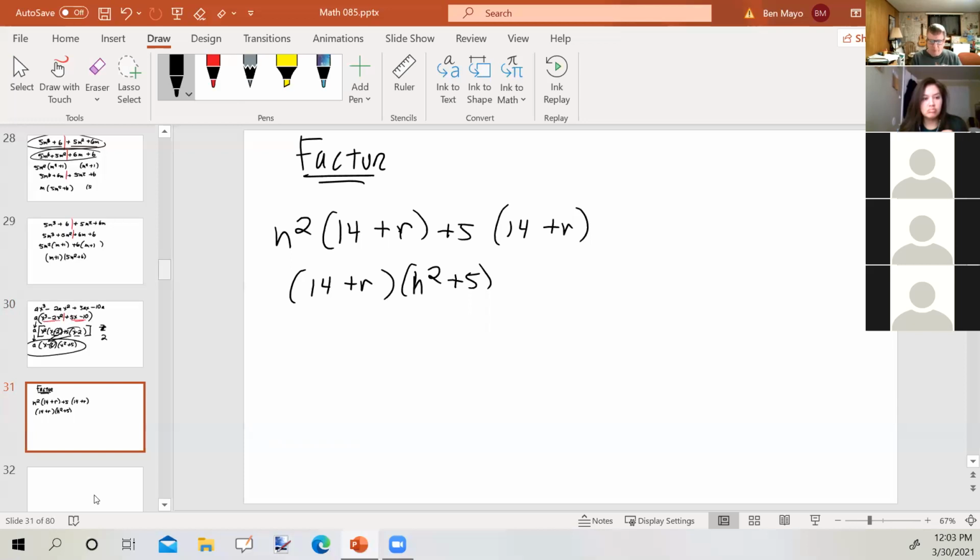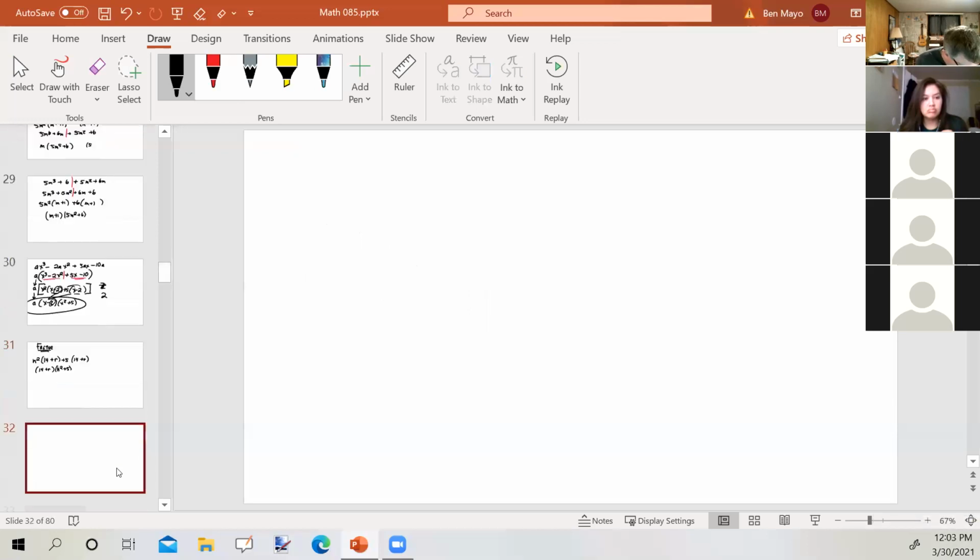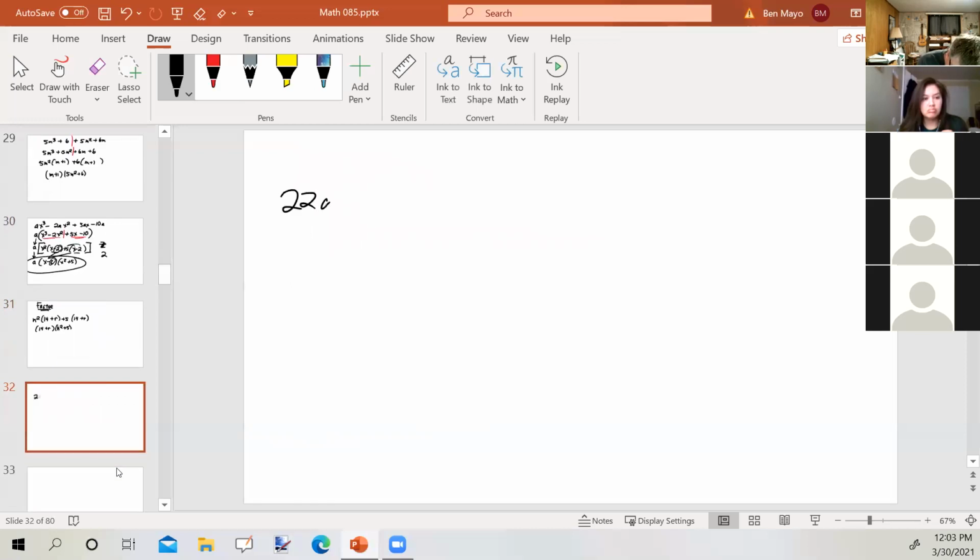Okay with that? How about this one? 22a cubed minus 33a squared. All we can do here is take out the greatest common factor, which would be 11a squared. So I'd have 2a minus 3 left over. We okay there?